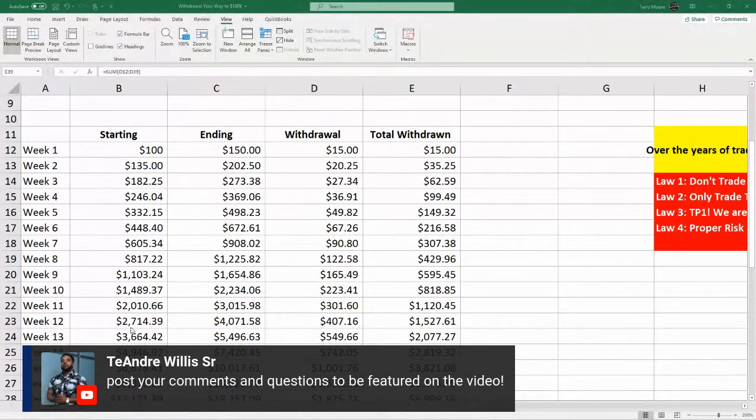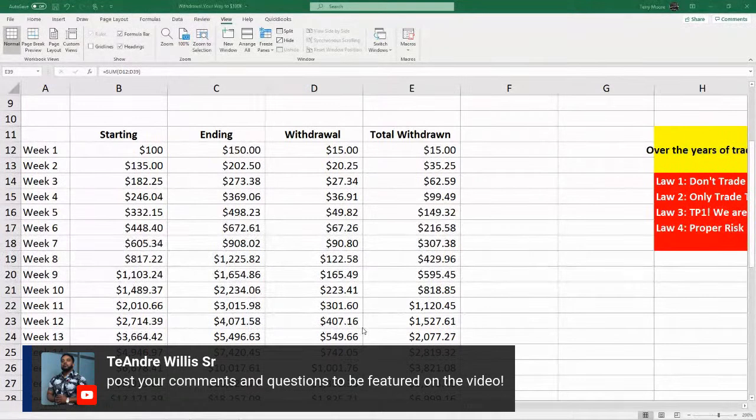So your goal for week number 12, which is the beginning of month number 3, is to grow that by 50%. So you grow that by 50%, and now you end up with $4,071.58. So now you withdraw 10% of that. 10% of that is $407.16, right?